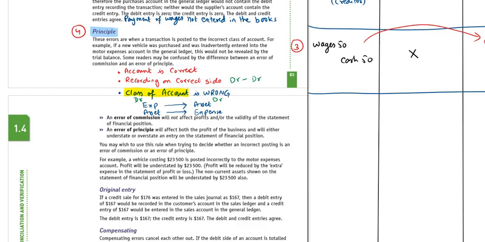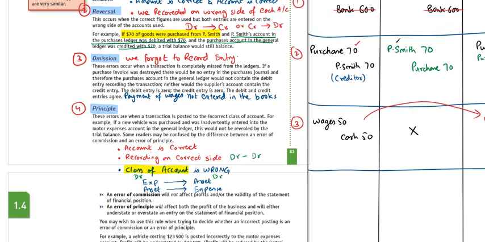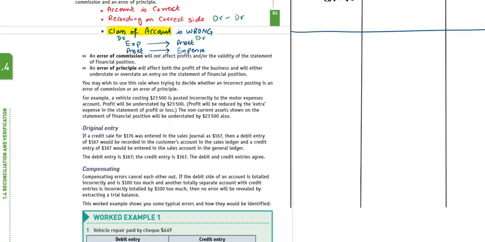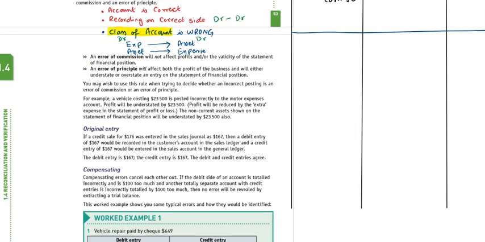For example, a vehicle costing 23,500 is posted incorrectly to the motor expense.